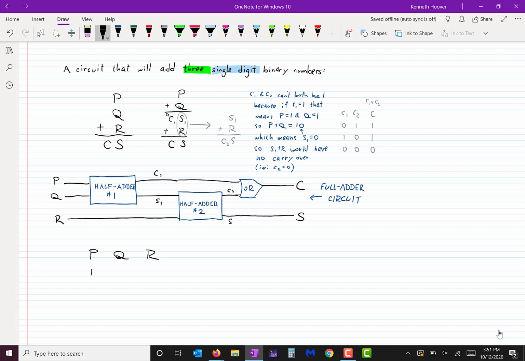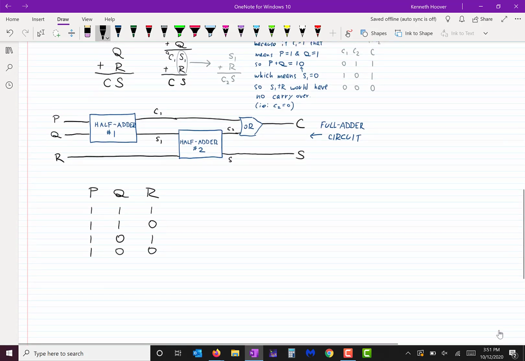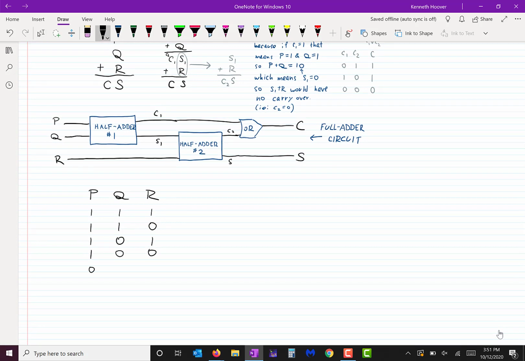They might all be 1s. They might have P as a 1, Q as a 1, and R as a 0. Or we might have P and R are 1s and Q is 0. Or P's 1, Q and R are both 0s. And so on and so on, okay?